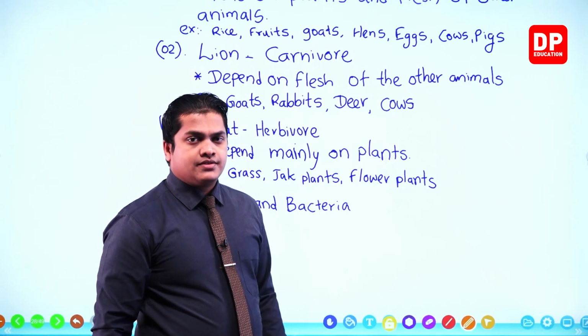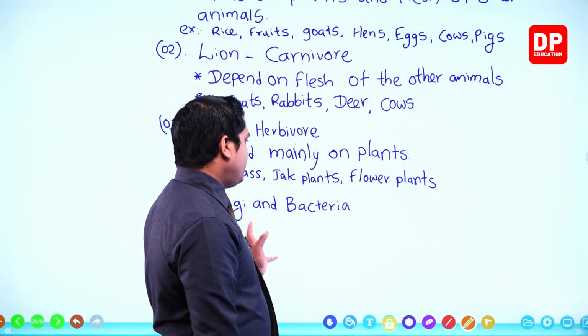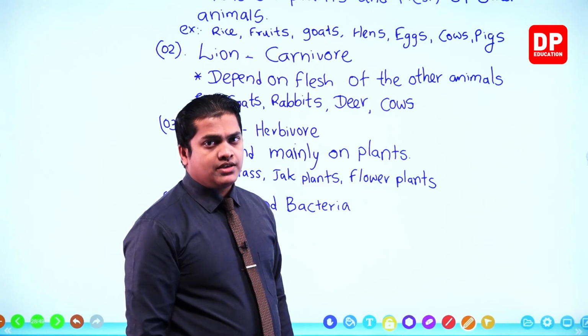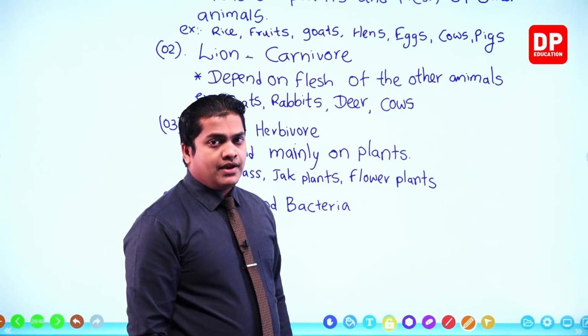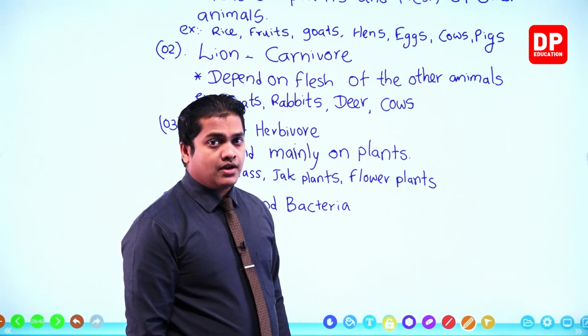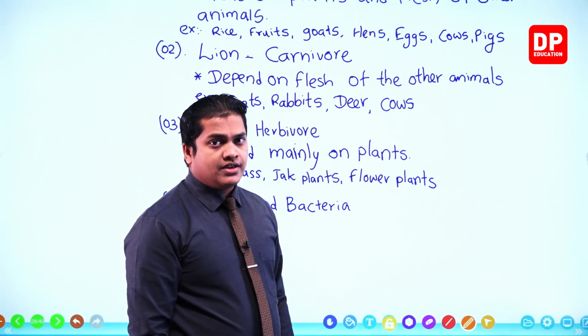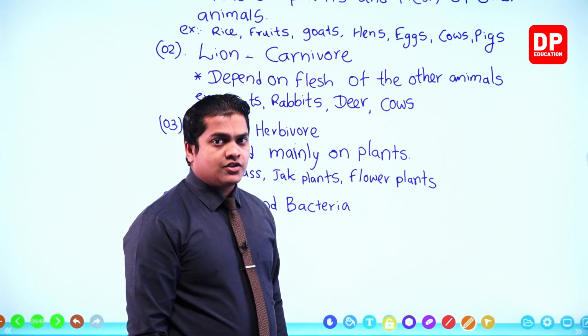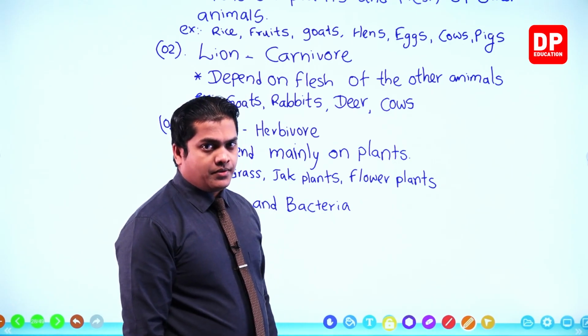What about these guys? Most of the fungi and bacteria depend on dead bodies, especially dead plant and animal bodies, my dear children. That's why the dead plant and animal materials are getting decomposed because of the action of these guys, right?